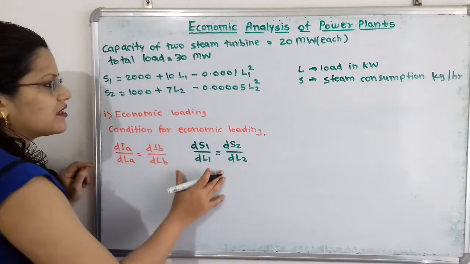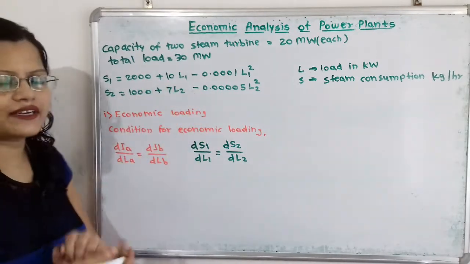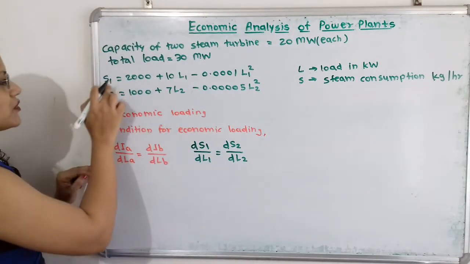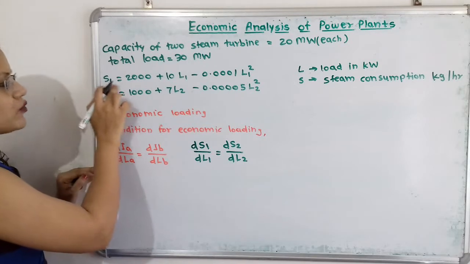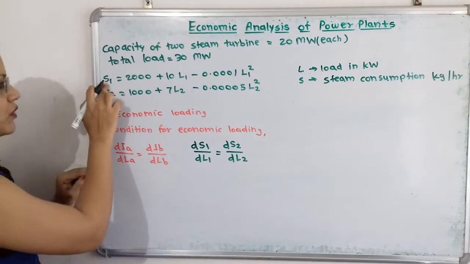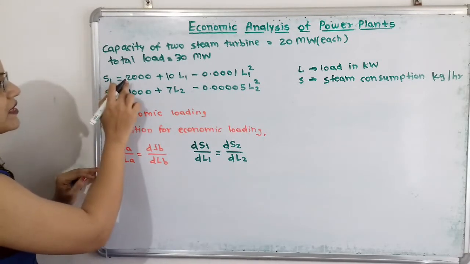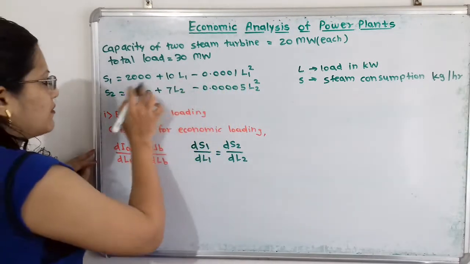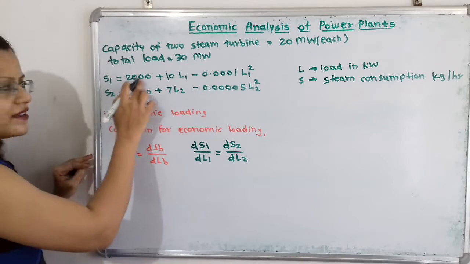So for this condition we have to write the equation. Now how we can write? So if we observe, here is S1, so we have to differentiate with respect to L1. So dS1 by dL1 is equal to, we have to differentiate this whole equation with respect to L1. So this is the constant term, so here is 0.